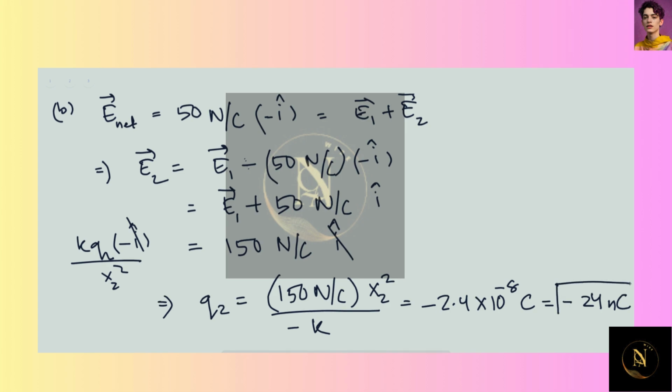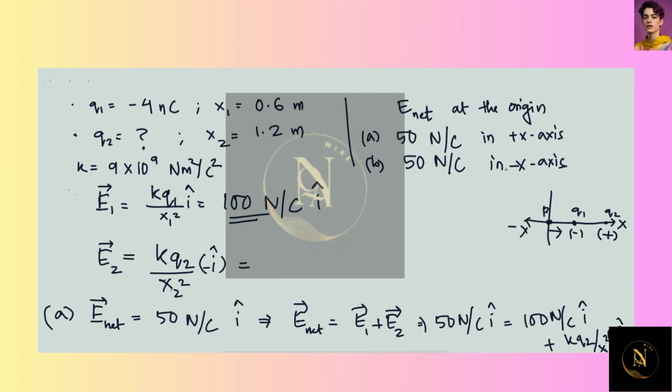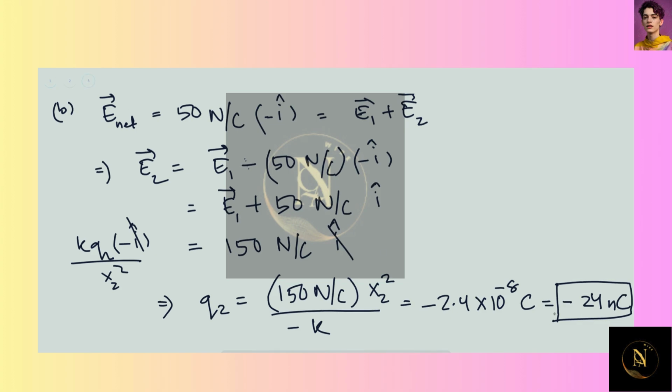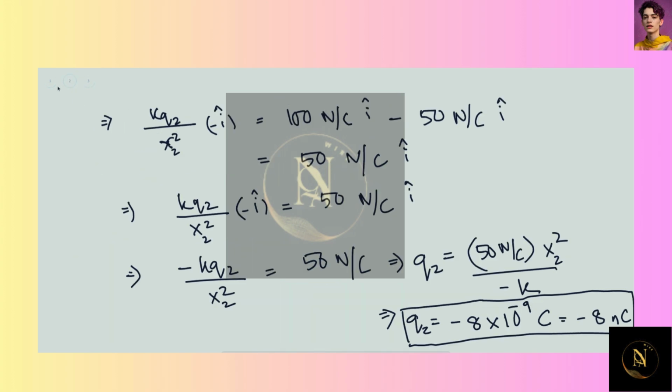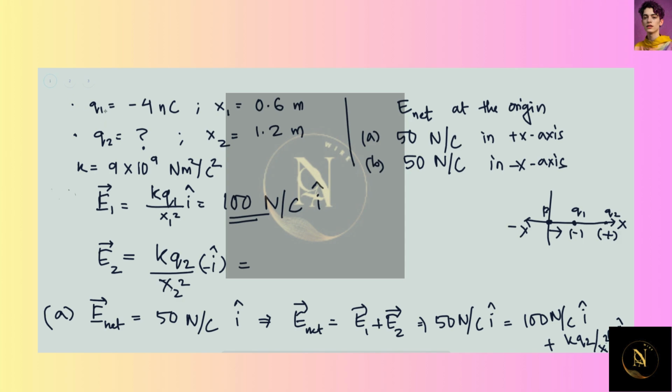So we see that Q2 should again be negative for the net electric field to be in the negative x-axis, and the magnitude of Q2 should be higher than the magnitude of Q1, obviously because we need the net electric field to point in the direction of E2 now, opposite to E1.